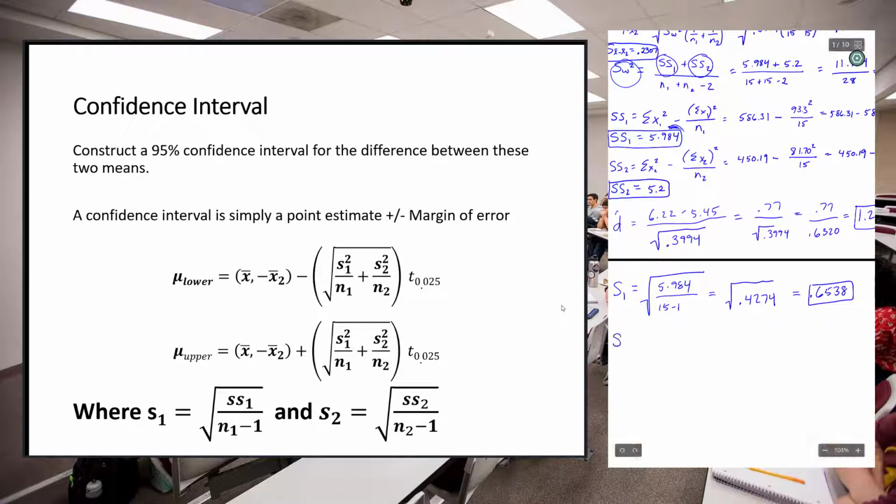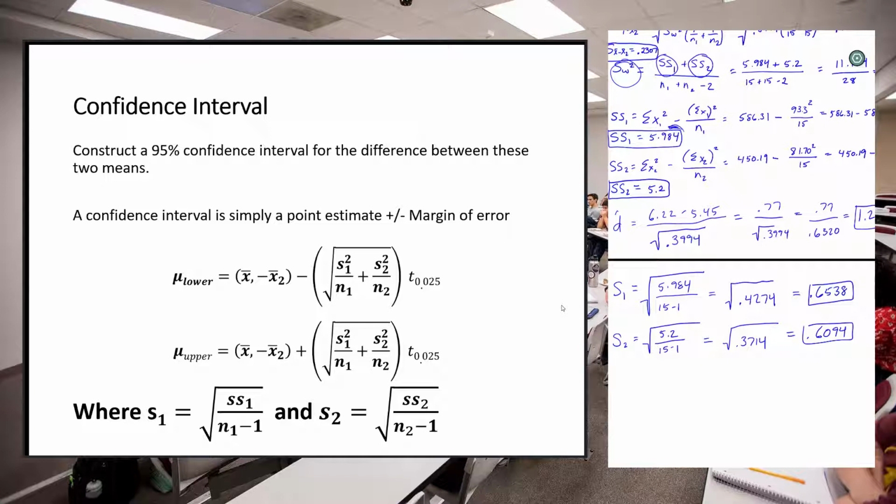Now we need to do it for our second sample. 5.2 divided by 15 minus 1 is equal to the square root of 0.3714, which is equal to 0.6094. Okay.